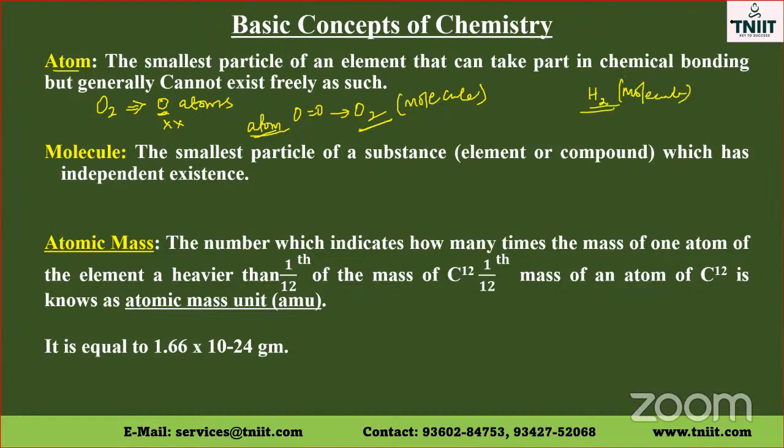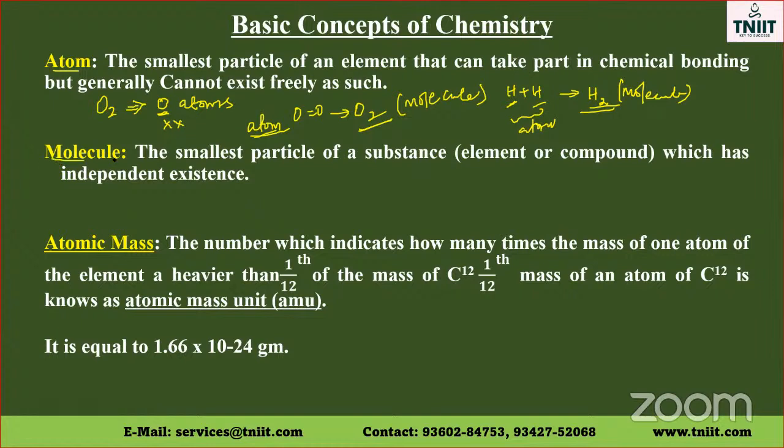They can exist freely, but these hydrogen atoms cannot exist freely. These are atoms. So they combine to form a molecule. So that is why we define atom to be the smallest particle of an element which takes part or involves in chemical bonding, and they cannot exist freely.